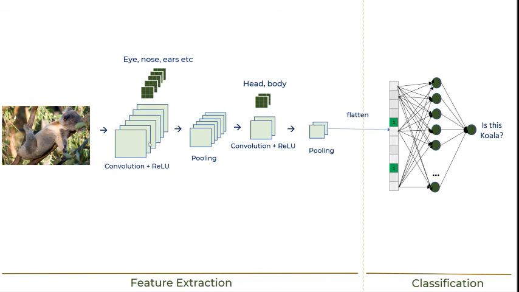So when the CNN is training, because you're supplying thousands of koala images here, using that, it will use backpropagation and it will figure out the right amount of filters. It will figure out the values in this filter, and that is part of the learning or the backpropagation.